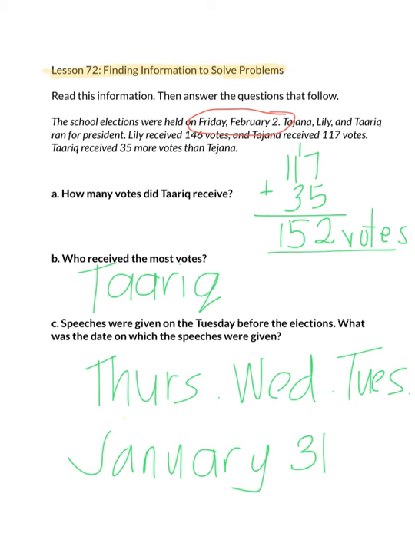So Thursday, February 1st, would have been 1 day prior to the election. Wednesday, January 31st, would have been 2 days prior to that election. Tuesday, January 30th, would have been the day of the speeches.